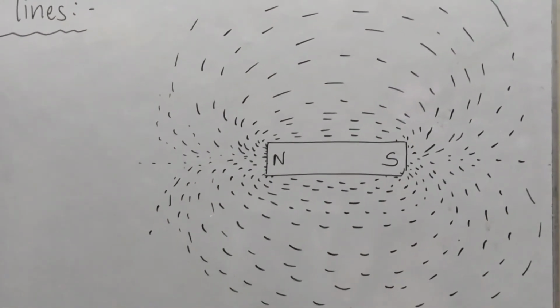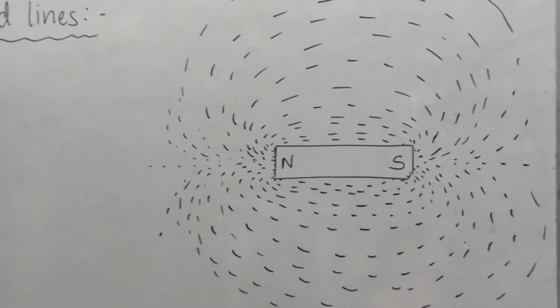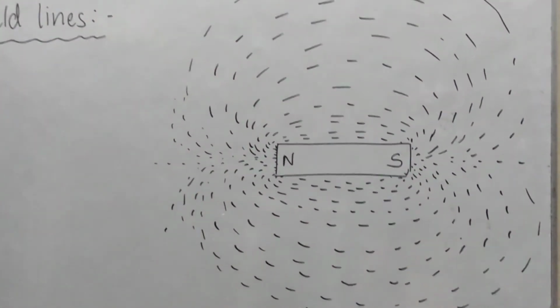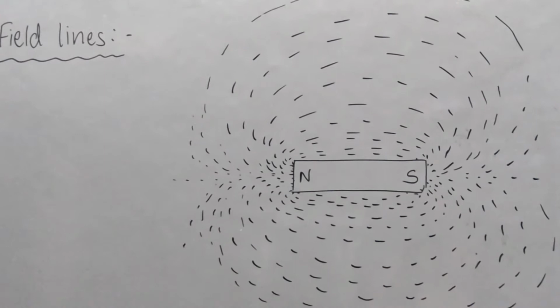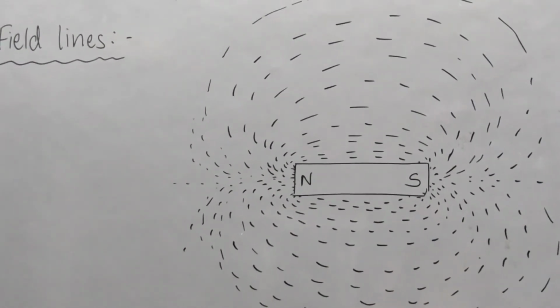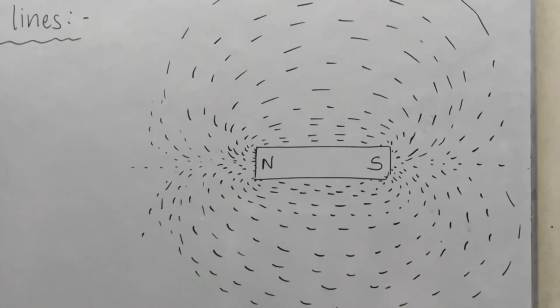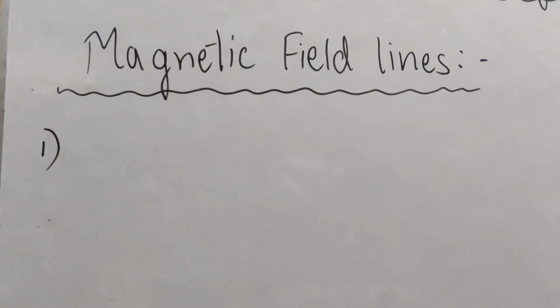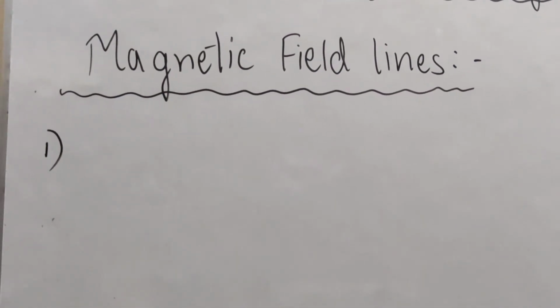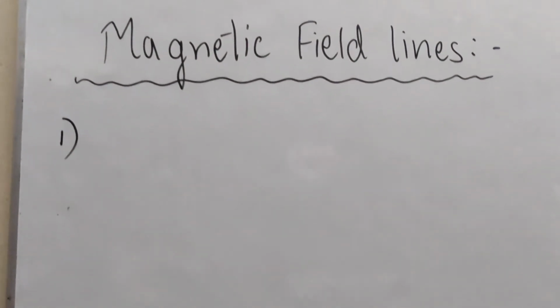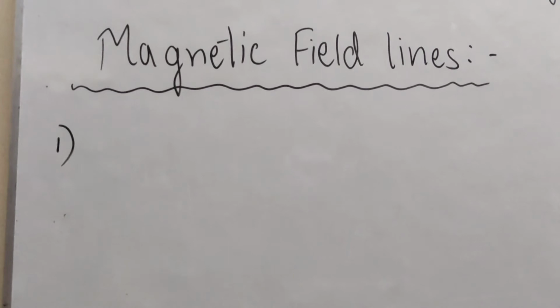This is just to have an idea, we have discussed this activity. Otherwise, there is one more activity using which you can actually draw the magnetic field lines around a bar magnet. Now, what are magnetic field lines? These are the imaginary lines which we draw on a paper to represent the magnetic field.